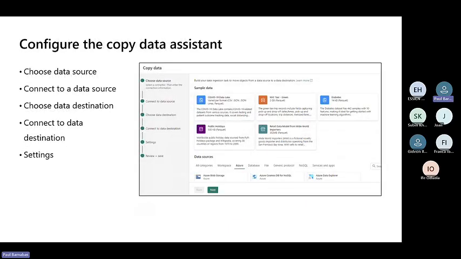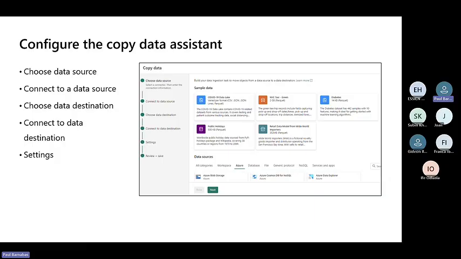So let's see what it takes for us to configure a copy data assistant, meaning a simple pipeline that helps us copy data, and then we can schedule it at intervals. We choose the source data, connect to that source, choose our data, connect to the data destination, and then apply our settings, things like what is the type of load?